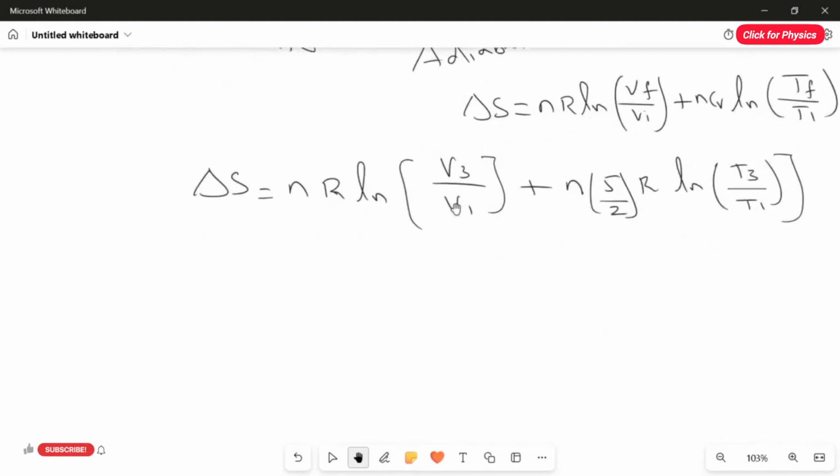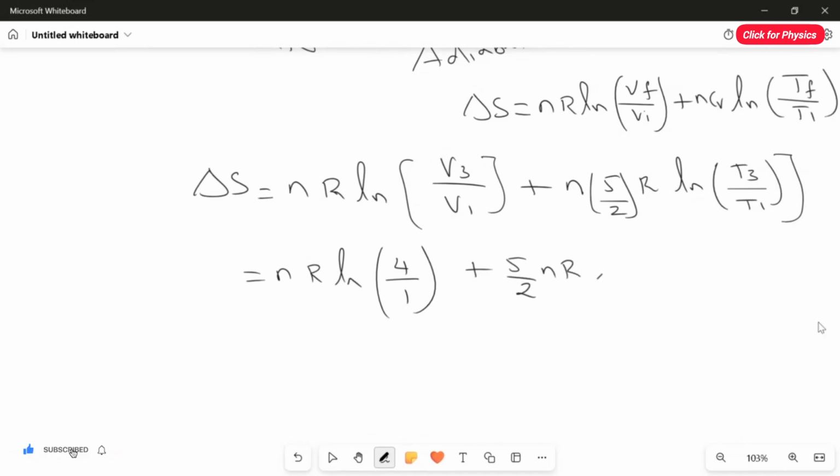We already have the values for V1, V2 and V3. So V3 takes the value of 4 over 1 from the PV diagram.